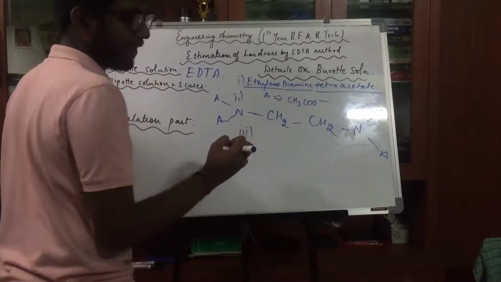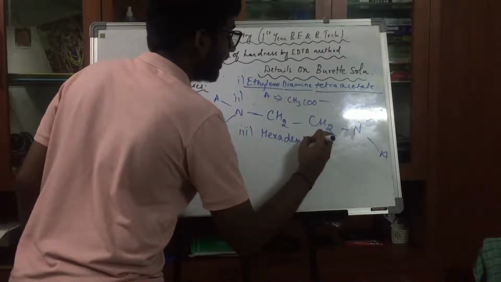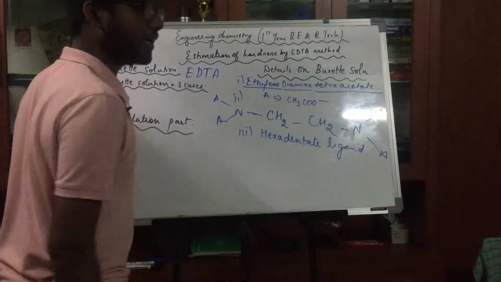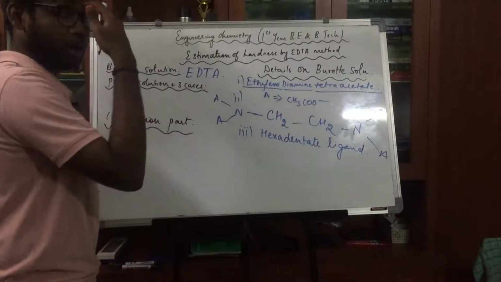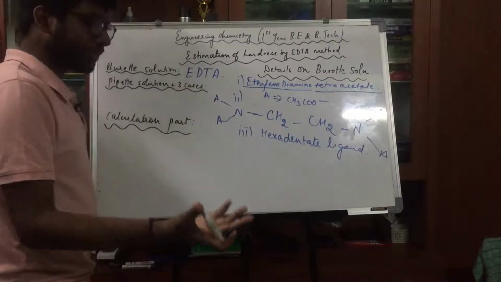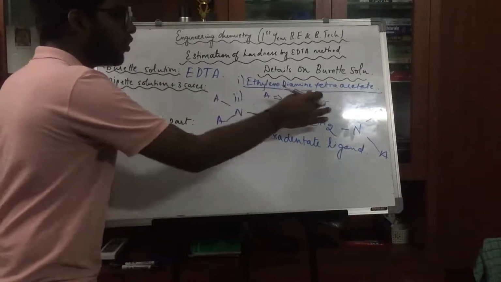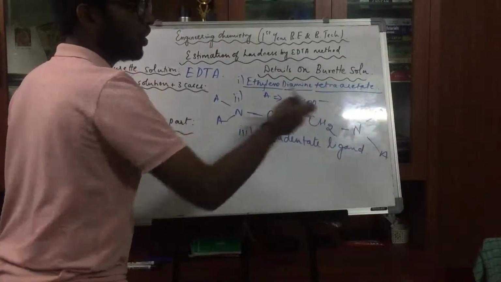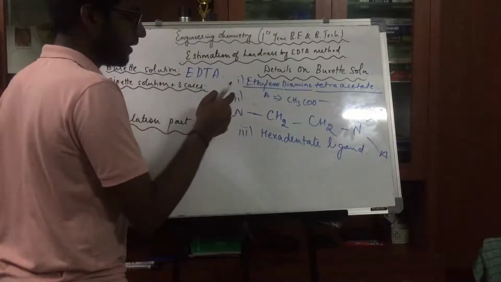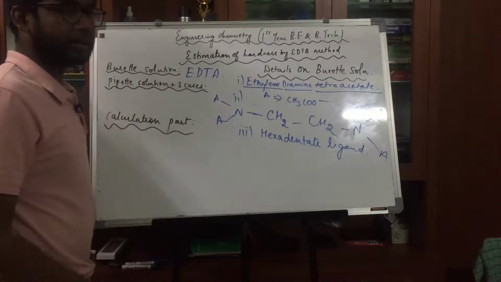Third is certain facts. It is a hexadentate ligand, which means the number of ligands here is 6. You know how to determine the number of ligands from the complexes chapter. Four of them come from the acetate groups, and the other 2 come from nitrogen.